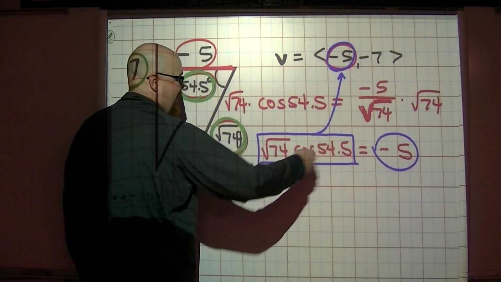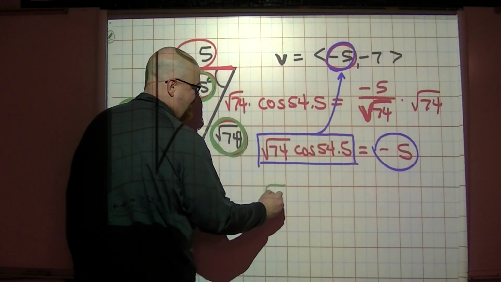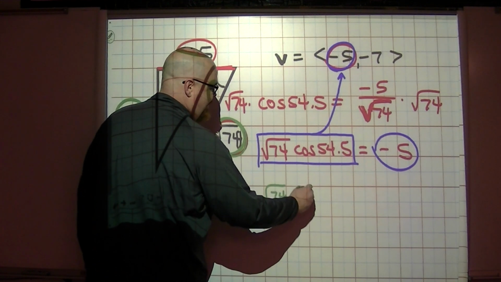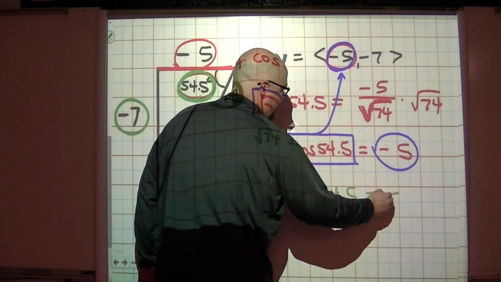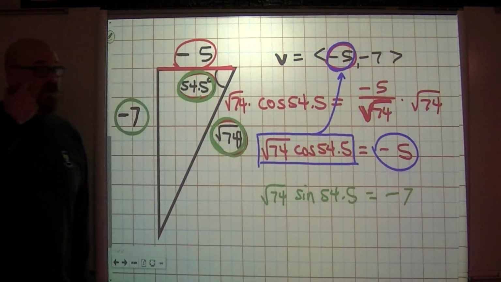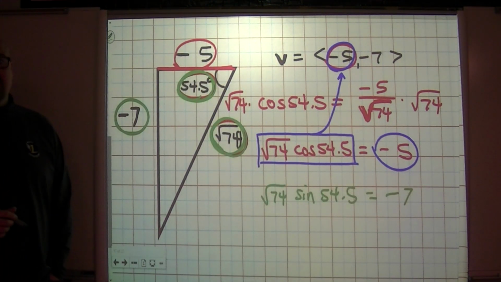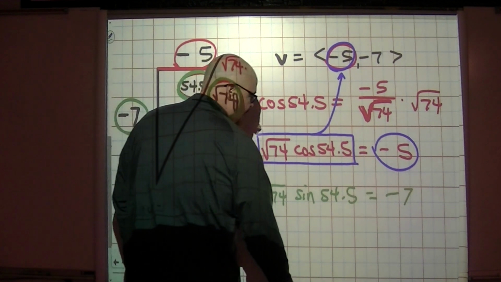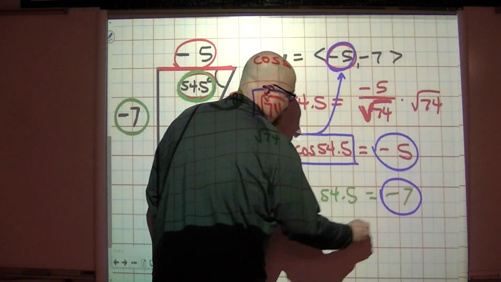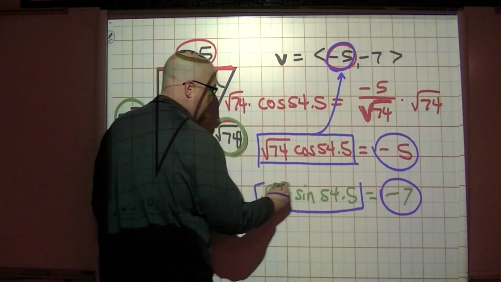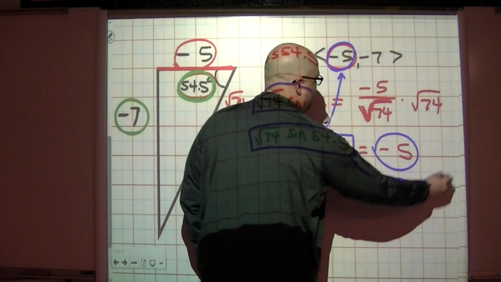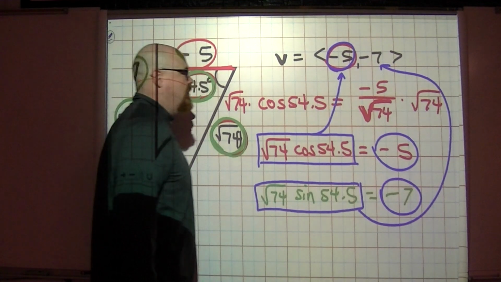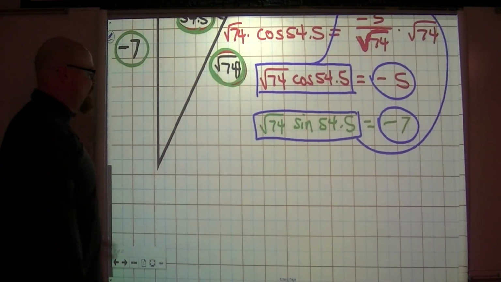So this expression would be the exact same thing, but in terms of sine. So again, we have expressed this number in terms of the magnitude and direction angle, and I can put this here. A full replacement of those values.